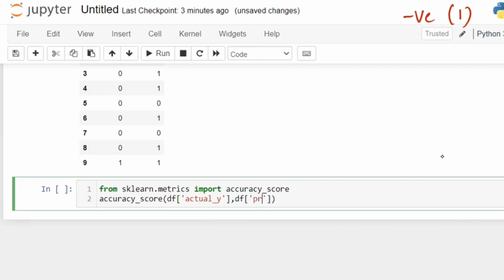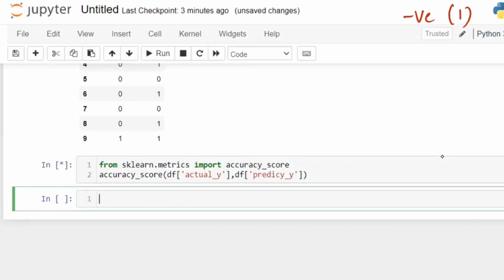These are the two columns I have to check. predict_y. Sorry, spelling mistake in predict.